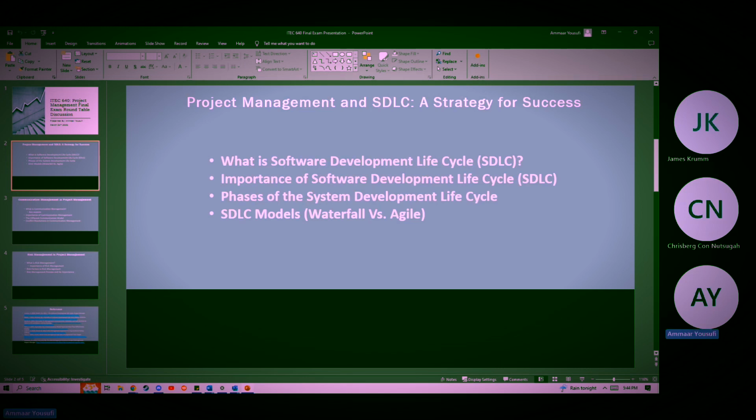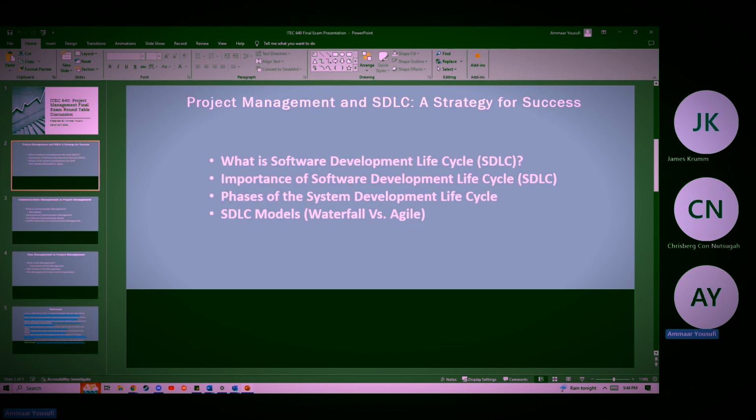Cost efficiency is another major and important part of SDLC. In general, just by catching issues early in the development process, it helps reduce long-term costs. Project planning is another part of it, where it provides a clear project roadmap, helping to manage expectations, set realistic timelines, and allocate resources effectively.